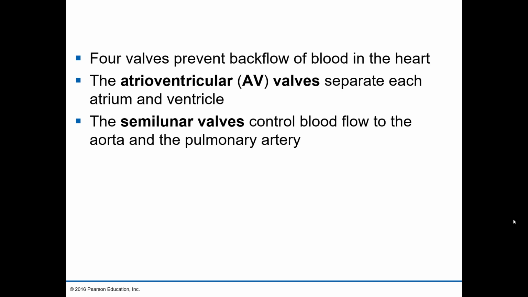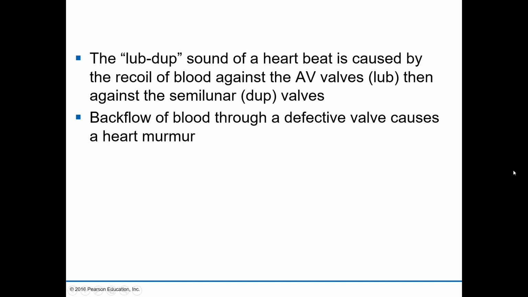So we have the AV valves, which separate the atrium and the ventricle. Atrioventricular valves separate the atrium and the ventricle, right? That makes sense. And the semilunar valves, which control the blood flow to the aorta and the pulmonary artery.